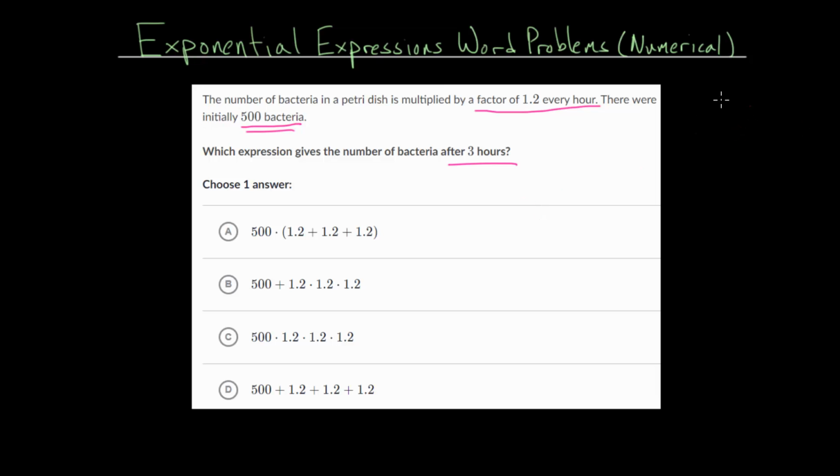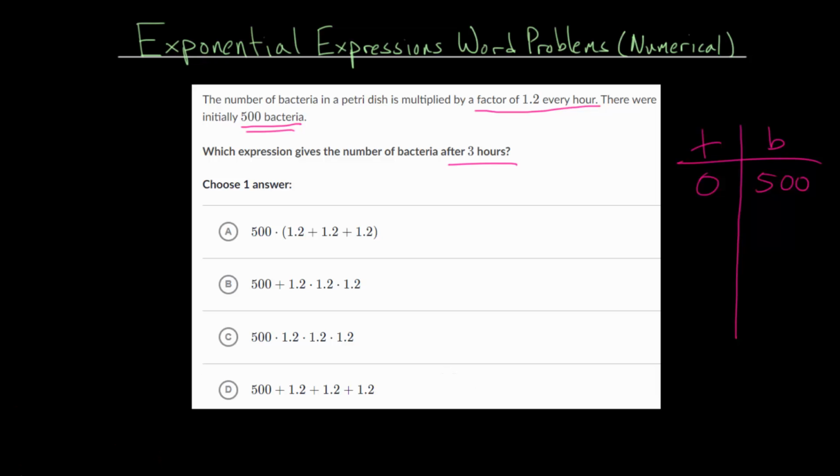Initially, we'll look at a column where we have time, which we can call t, and we'll say b is the number of bacteria. At the beginning, when time is equal to 0, that's our starting point, our bacteria is numbered at 500. And then every hour, we're going to multiply that by 1.2.